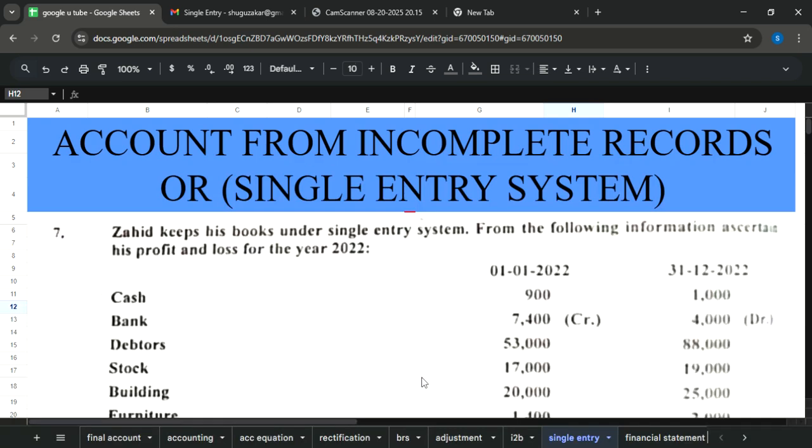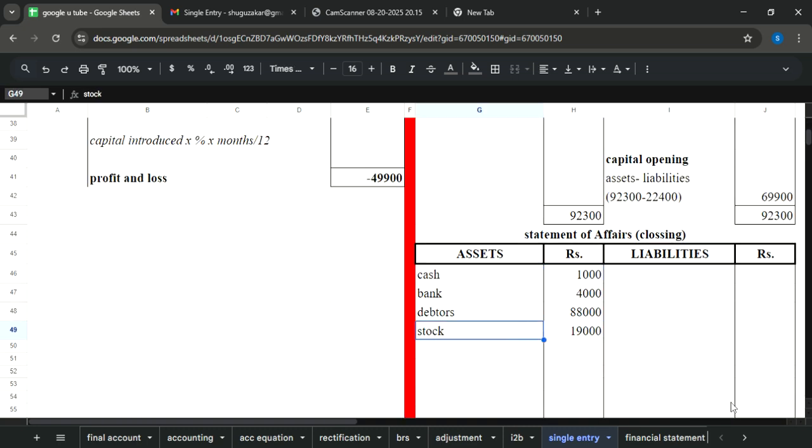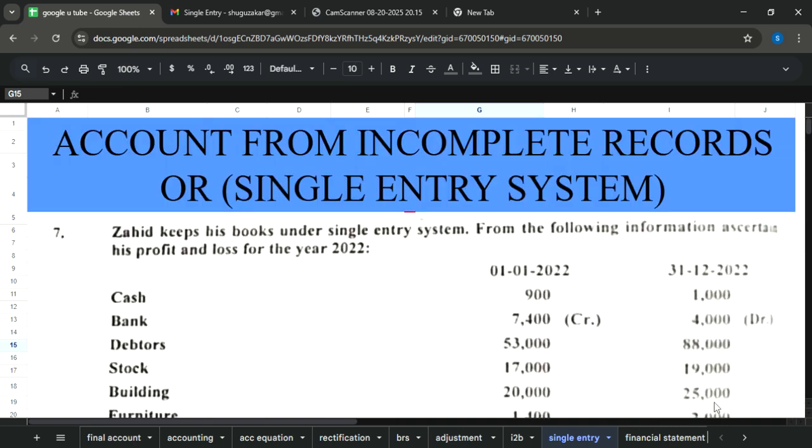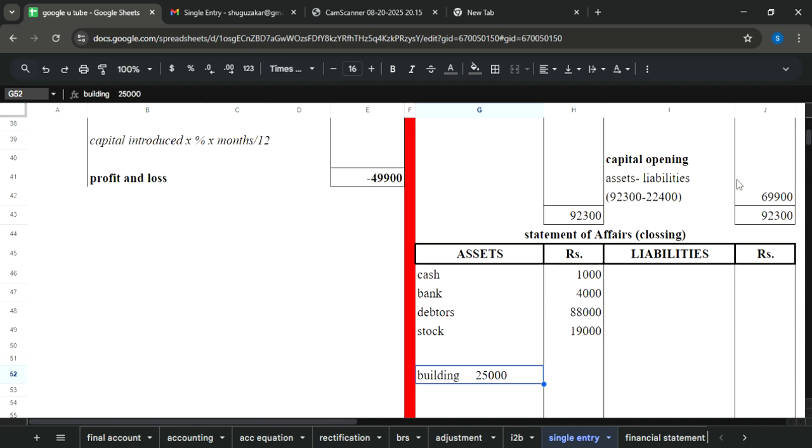After stock we have building. I am sure you remember we need to depreciate building. With a little difference, we are leaving one or two lines. Write down building. Amount of building, I think that was 25,000. Once again we will confirm. Yes, 25,000. And secondly, look here, depreciate 10%. Over here you will calculate its depreciation.